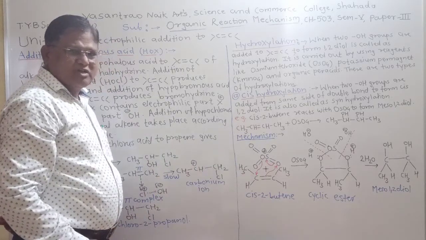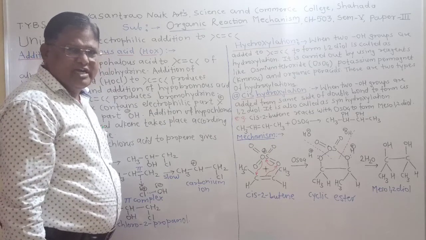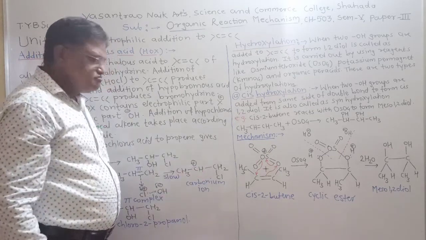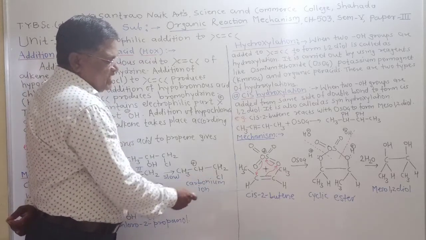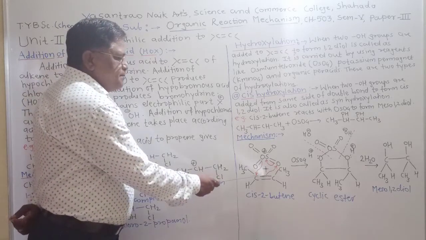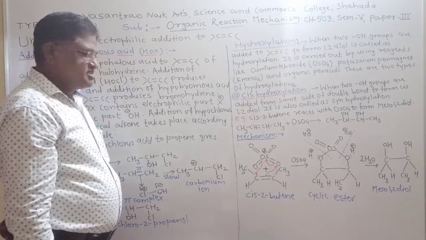In osmium tetroxide, osmium is a metal, and metal is always electron deficient, so it is indicated by positive charge. And between these carbon atoms, there is a double bond. In this double bond, a pi bond is present, and the pi bond contains pi electrons.